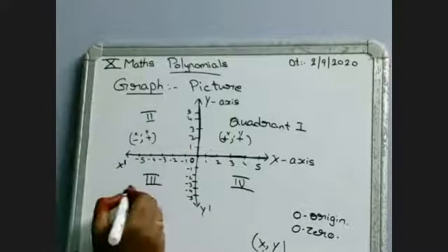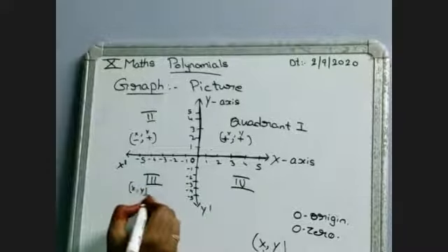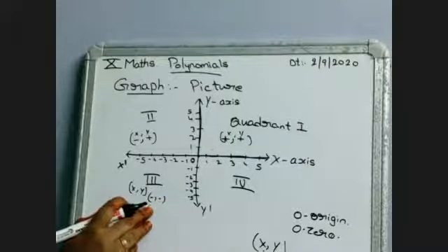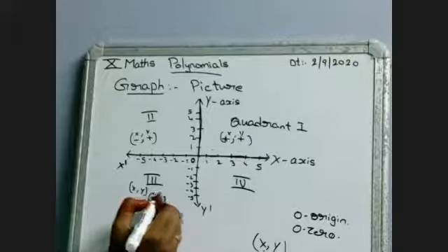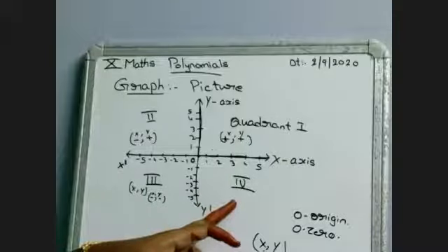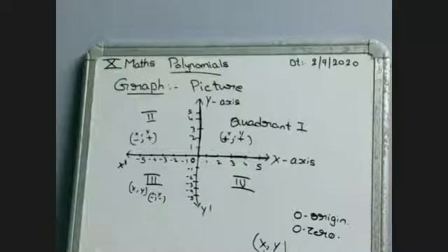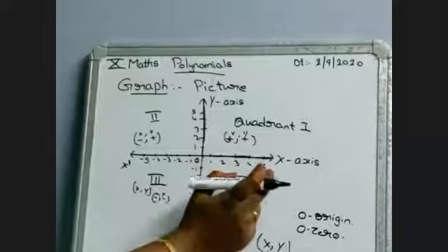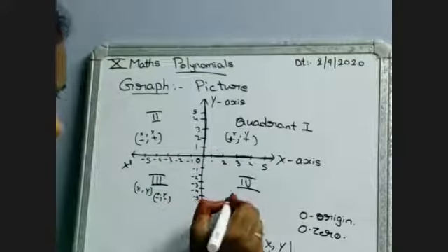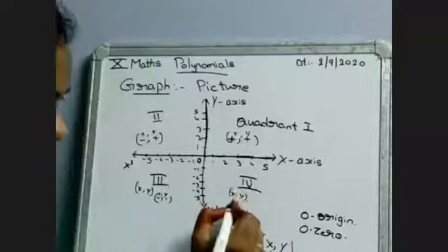So x value is negative, y value is negative. Then come to the fourth quadrant. Here the x coordinate is positive and the y coordinate is negative.